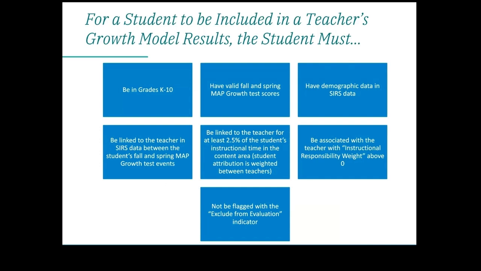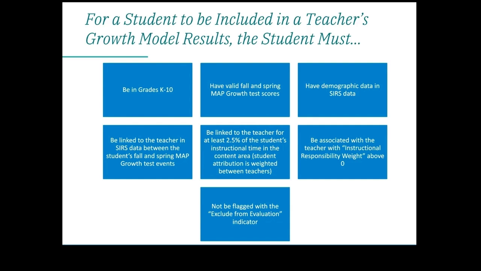A student must also have demographic data in the SIRS data. Since we're trying to do an apples to apples similar student comparison, we want to know the demographic characteristics of students in order to include them in the analysis. So we must be able to find them in the SIRS data and have filled out information to know more about the student so we can make those comparisons.